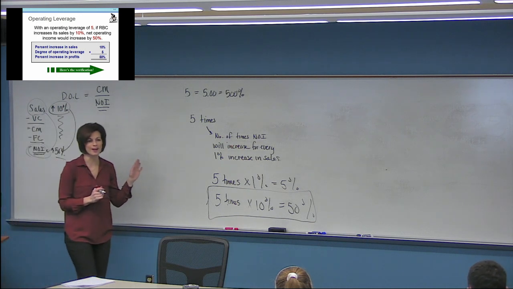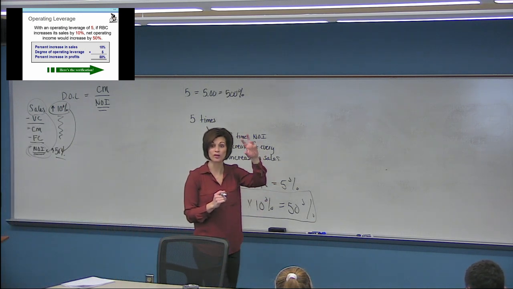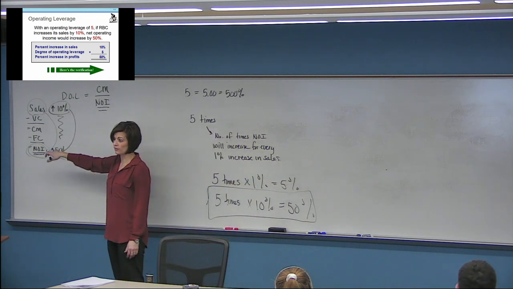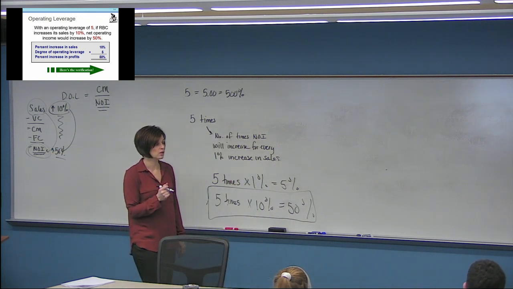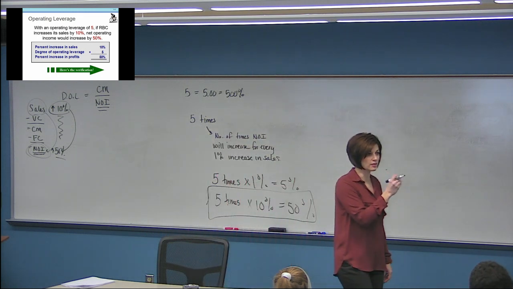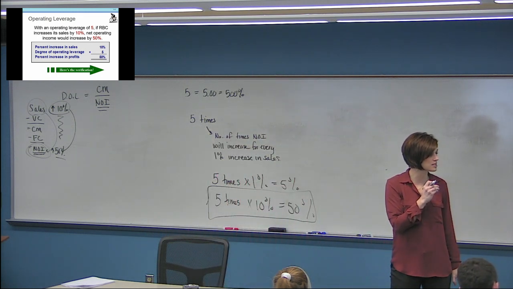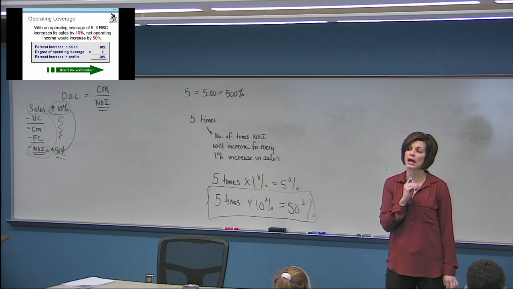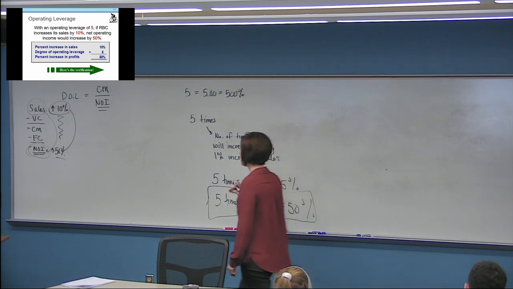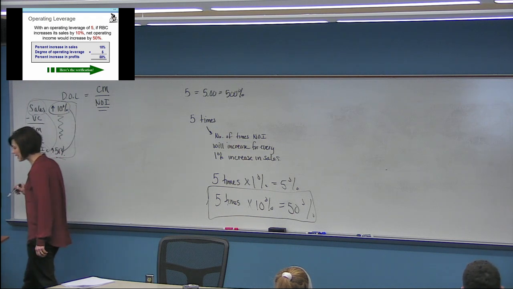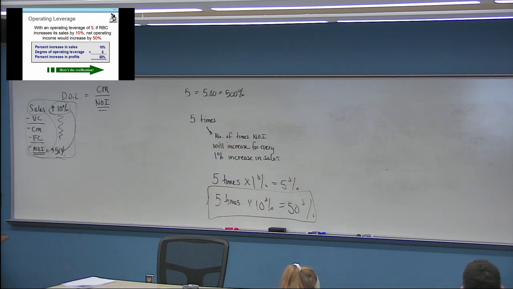Now, we can prove that by going back and actually filling in these columns with our total numbers to see if it really does go up by 50%. So that's what this degree of operating leverage is suggesting: if RBC just increases its sales by 10%, they're going to have an additional 50% of income. That's exactly what we're going to see explained in the next slide.